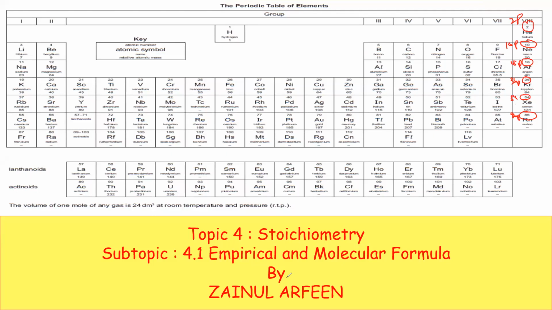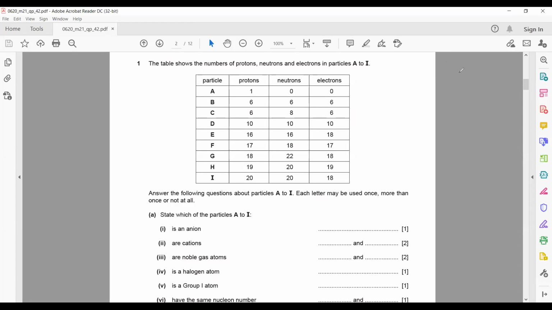When you check the options, it could be D and G. Is it clear, this part?